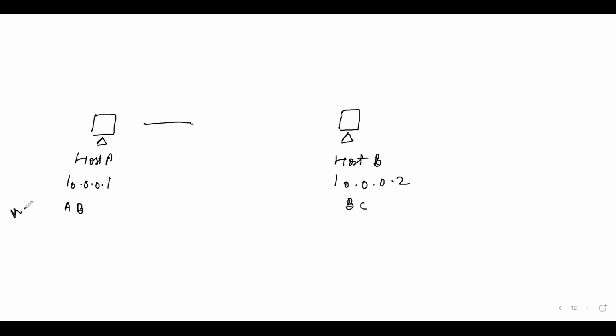I'm just writing the MAC address in short, because if I write it in full, my whole day will go here. So for ARP, first, this device will check the ARP table. Then second step, it will send an ARP request.